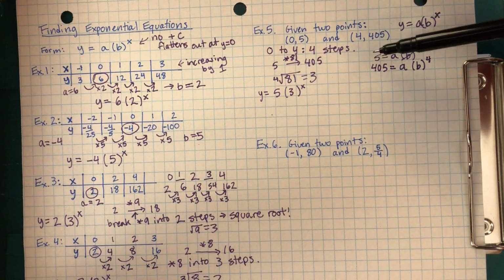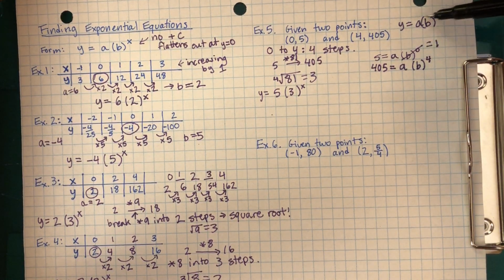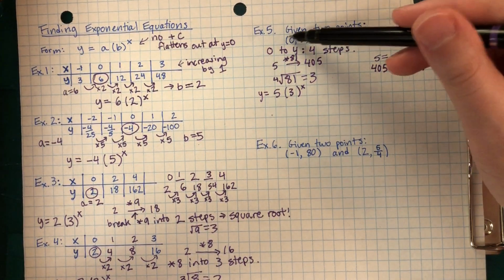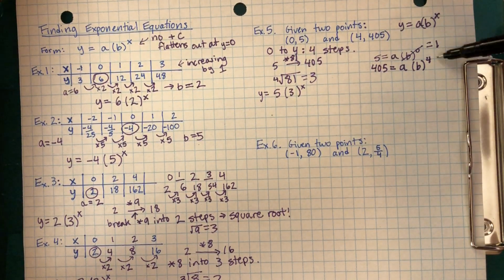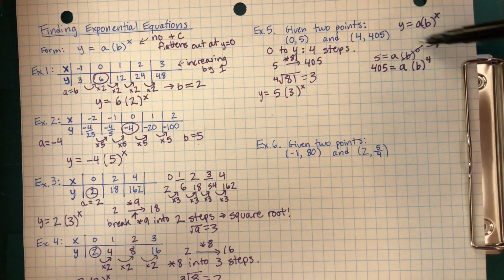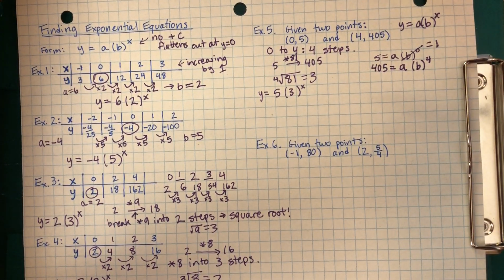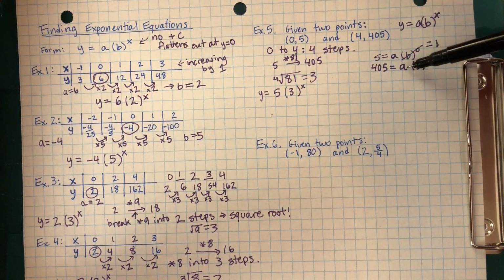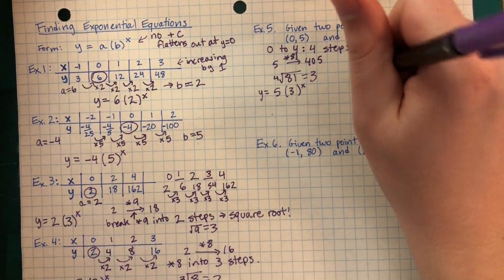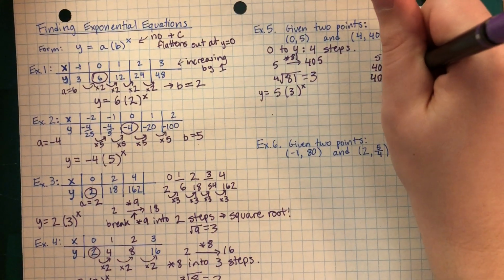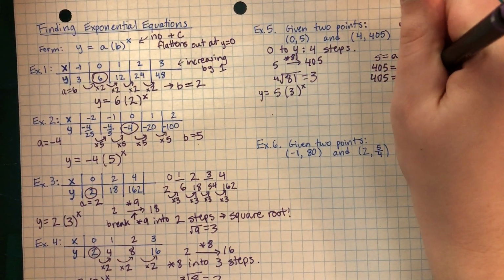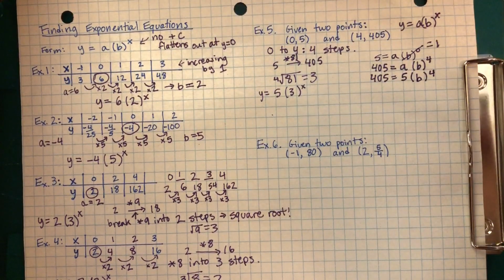Okay, so what I did is I put in the x and the y of these 2 points into y equals a times b to the x. From this first equation, I can figure out that a equals 5, and then I'm going to put that number in for a here. So now I have 405 equals 5 times b to the 4th.